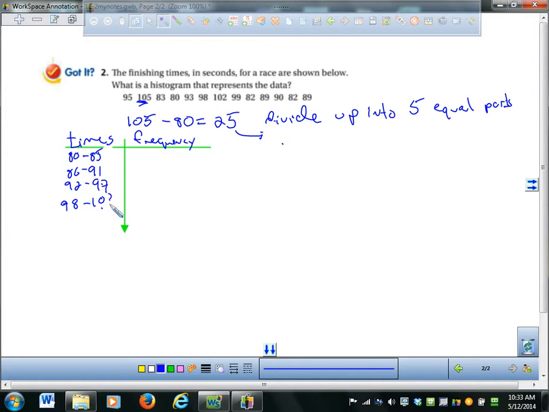Does that make sense? And then 104 up to 109, right? Yeah. Adding 5 each time. So it actually has 6 values in it, okay? So you can do it however you want, but these intervals have to be pretty even. But 4 or 5 is reasonable.